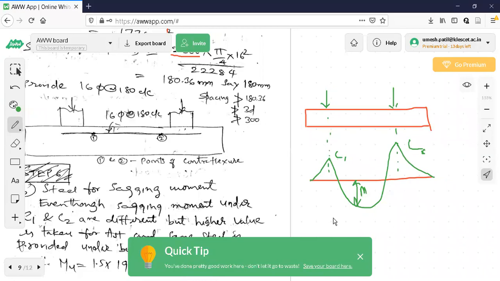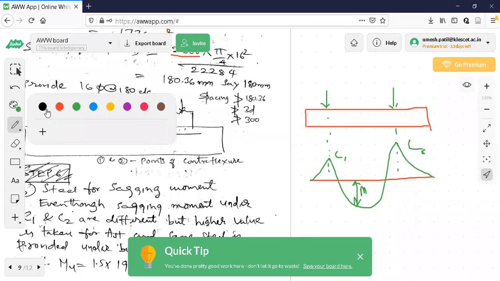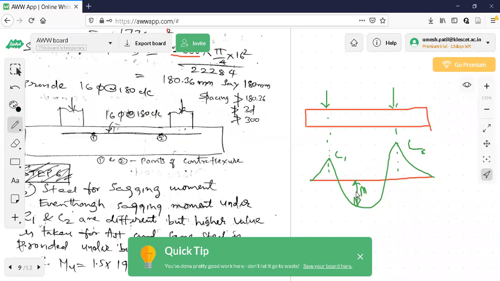It means, as I told you, in case of hogging, the tension zone will be above the neutral axis. So because of this, I am providing reinforcement corresponding to this bending moment here, like this. Actually, I should provide it in between the points of contraflexure. It is enough.